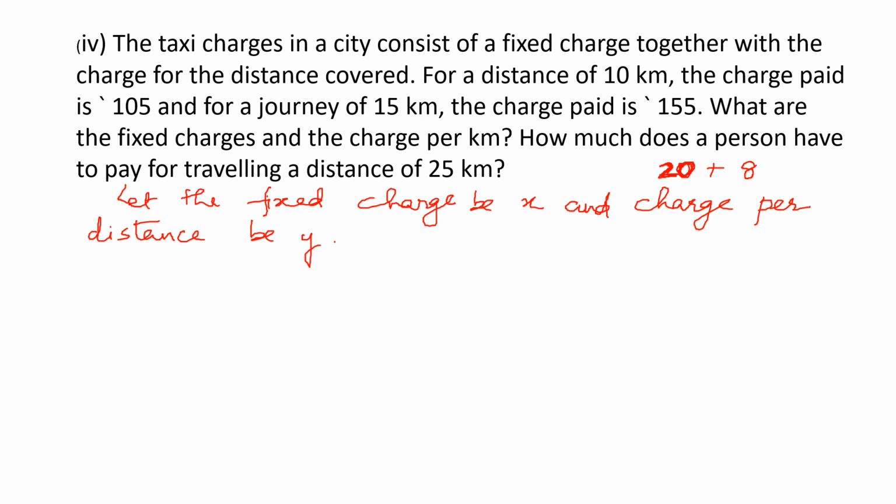If we travel 3 kilometers, again 8 rupees more. But the first charge will be 20. For the first kilometer, the charge is fixed. So let the fixed charge be X and charge per distance be Y.